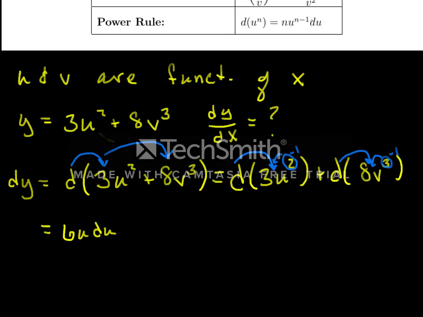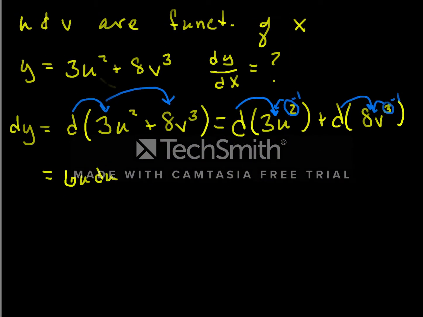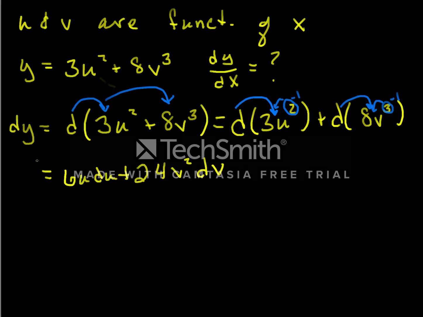This is definitely one of those places where if you lose that du, you'll get very confused later on in trying to solve the problem. All right, so dy is equal to 6u du plus 24v squared dv. Okay, so that's the differential of y.